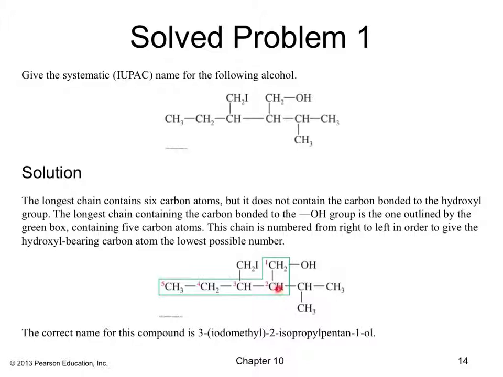And then 2 position, you'll have this isopropyl group or 1-methylethyl group, and then iodomethyl group because this iodine is on the methyl. So this would be 3-iodomethyl, 2-isopropyl, pentan-1-ol.